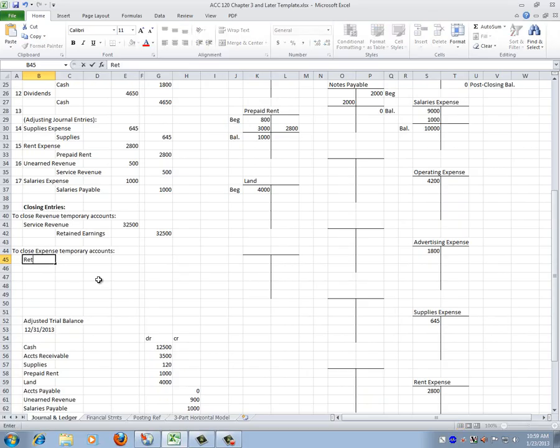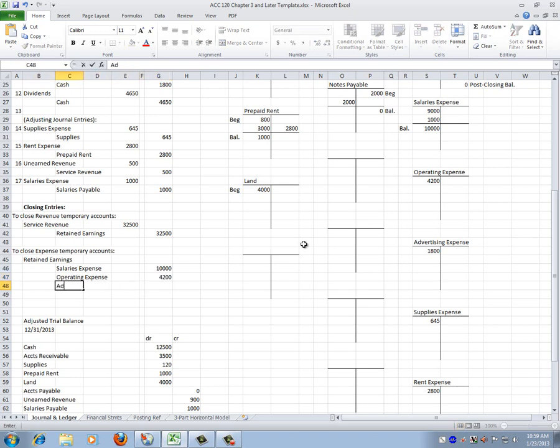Now I'm going to stick retained earnings here as the placeholder for the other side, because we will be moving them to retained earnings. So zeroing out salaries expense with a $10,000 right side entry. Zeroing out operating expense as we're closing it with a $4,200 right side entry.